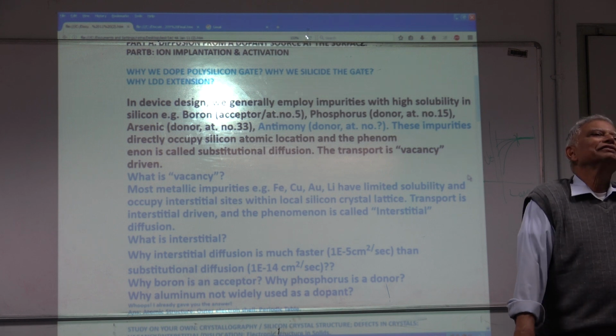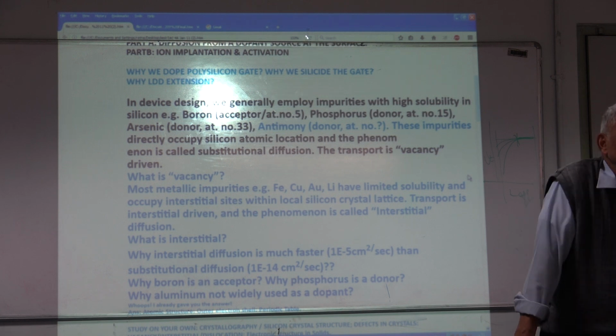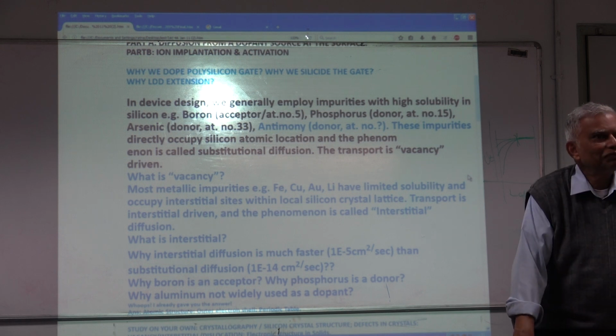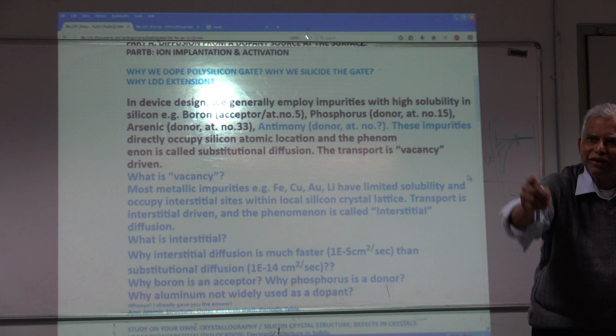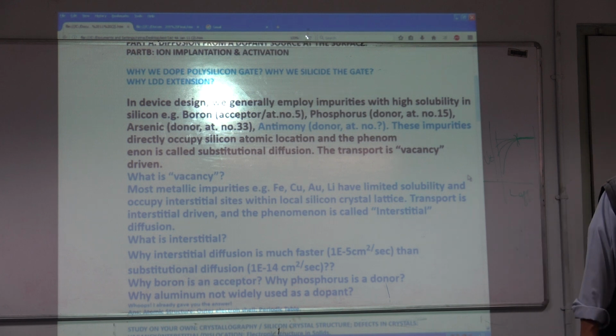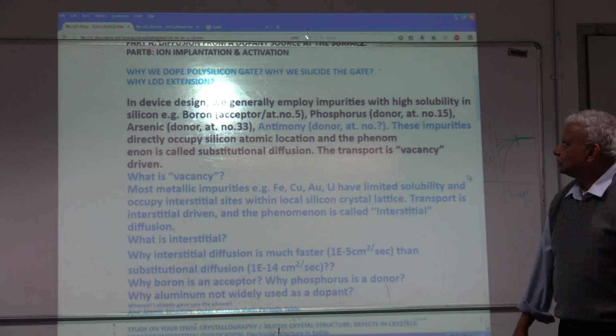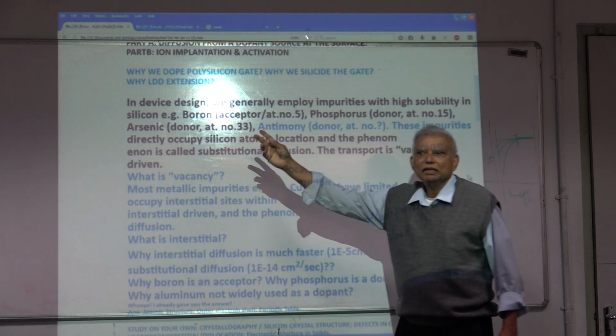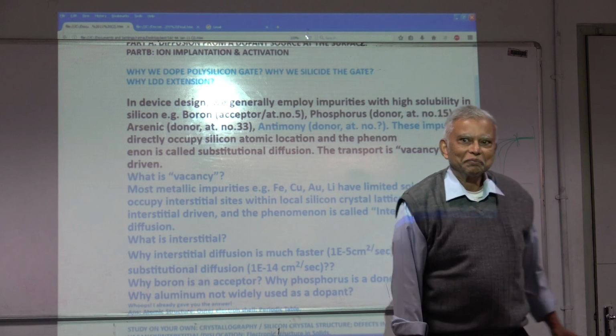Can anybody guess? 51. That's right. So as you can see, if the atomic number goes up, the atoms are heavier, right?